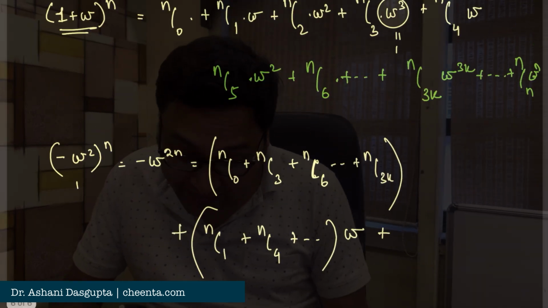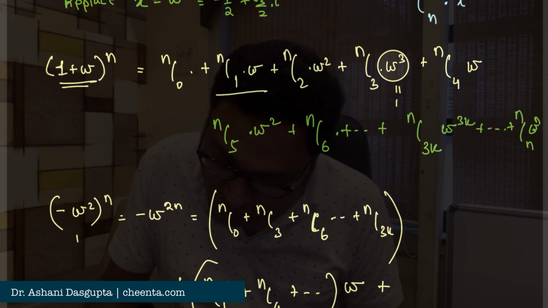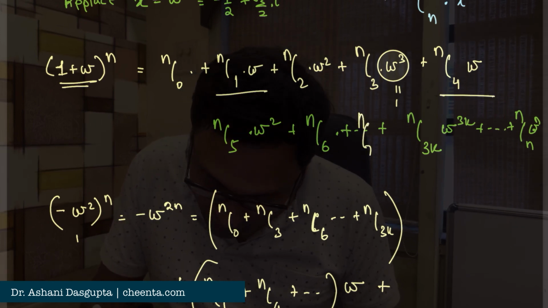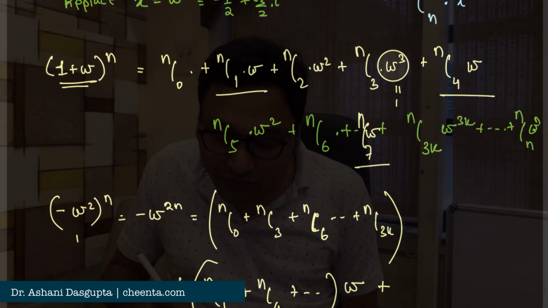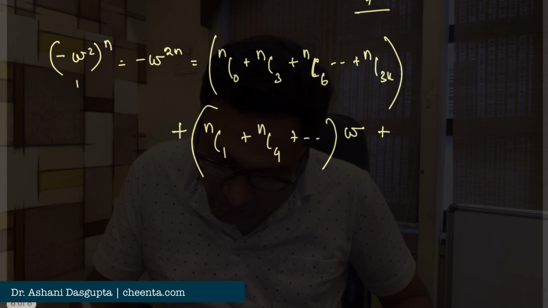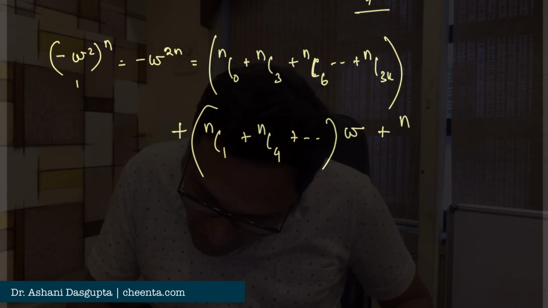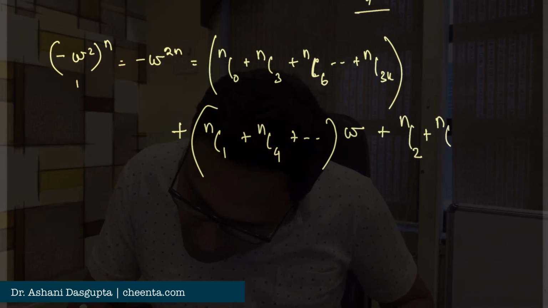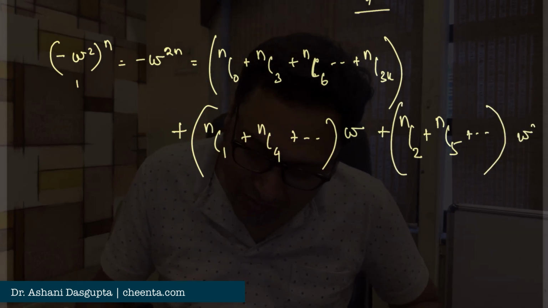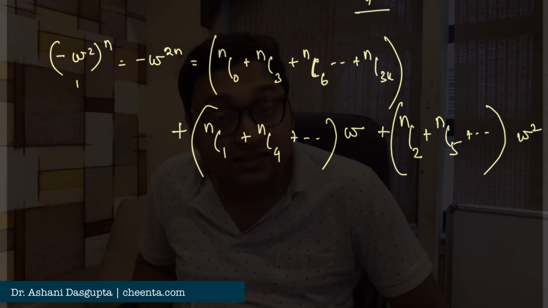These all, so I'll take omega common. So n choose 1, n choose 4, n choose 7, for example. So from all of these things, I can take omega common. So omega is taken common. And then I have n choose 2, n choose 5, like this. From these, I'll have omega to the power 2 as common.